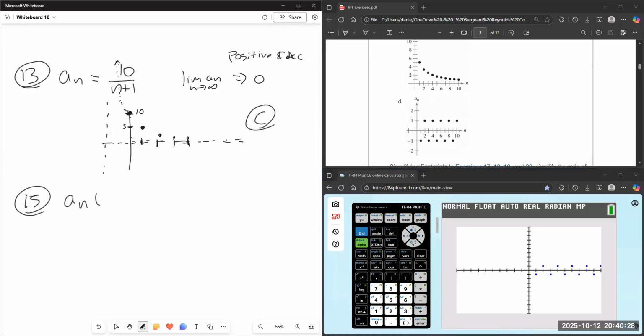N is equal to -1 to the n. At 1, we're at -1, at 2, we're at 1, at 3, we're at -1, at 4, we're at 1, at 5, we're at -1, so on and so forth.